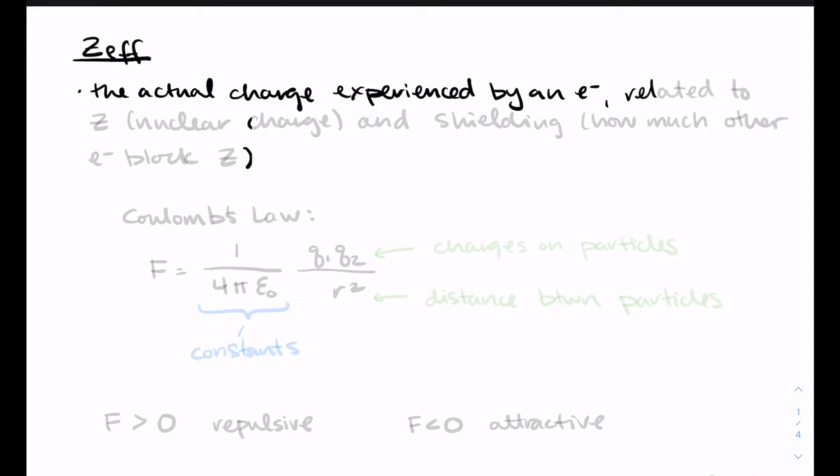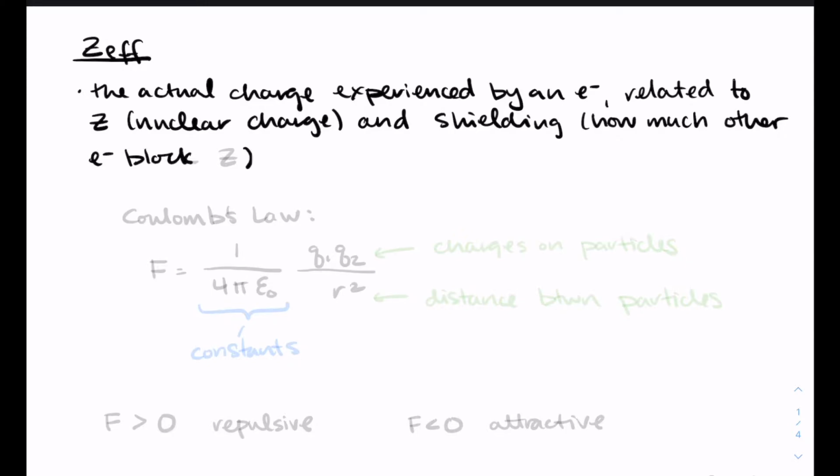So we're going to use Coulomb's law, and we're going to draw some pictures, but in general, what you're imagining is the nucleus is at the center, a bunch of positive charge, pulling on the electrons. If you have a bunch of electrons outside the nucleus, the ones that are in between the nucleus and the valence, which is the outermost level, are going to get in the way.